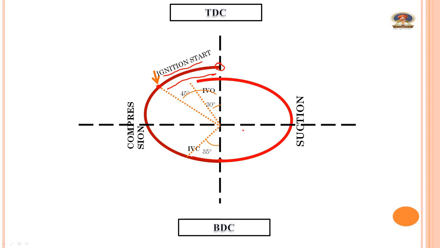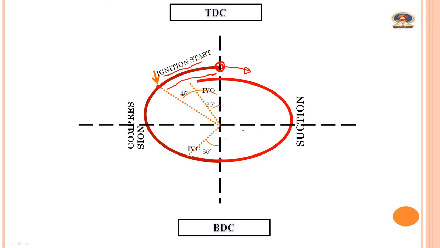If we generate the spark at the end of compression, then power generation will start from this point, and the piston also moves in a downward direction. So maximum power will be generated after the piston has moved downward, and the power generated will not be received by that piston.